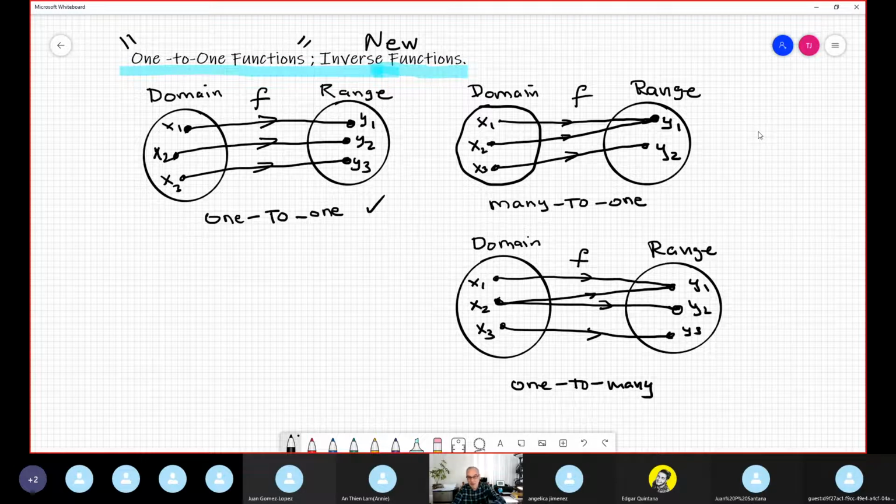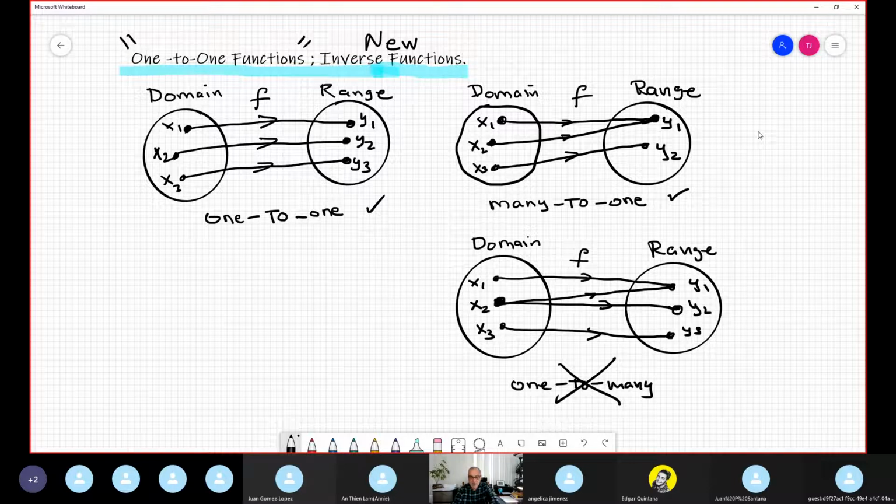Many-to-one is when two or more values of the domain are assigned to one value of the range. Many-to-one is also a function. But one-to-many is when one value of the domain is associated with two values of the range, and that is not a function. That part is not okay.